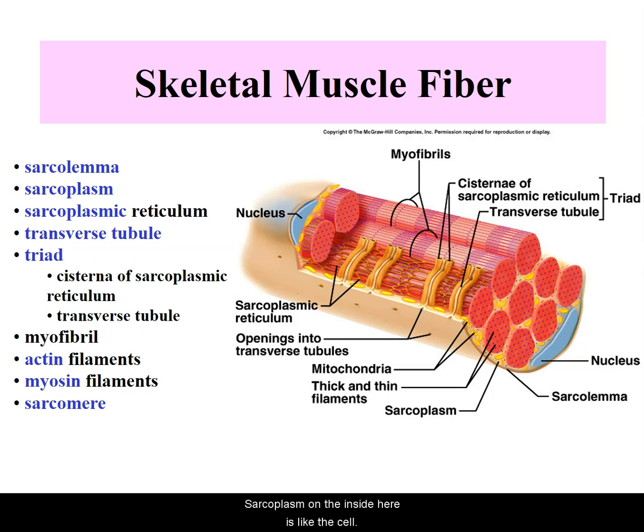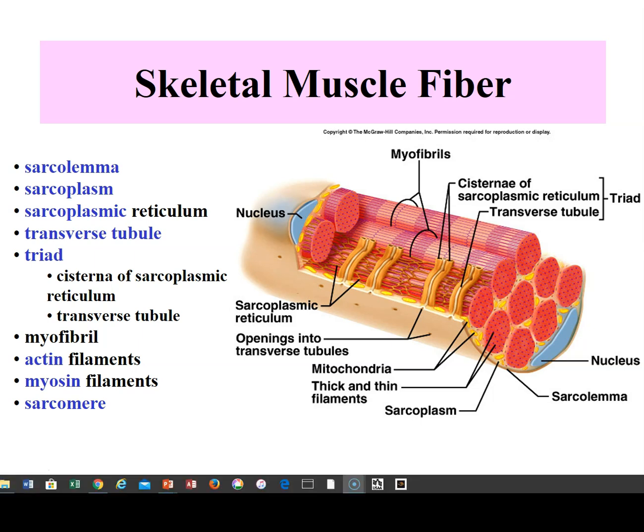Okay, sarcoplasm on the inside here is like the cell cytoplasm. Then you have sarcoplasmic reticulum. It's like the endoplasmic reticulum of a muscle cell, but because it's muscle cell, it is sarcoplasmic reticulum.